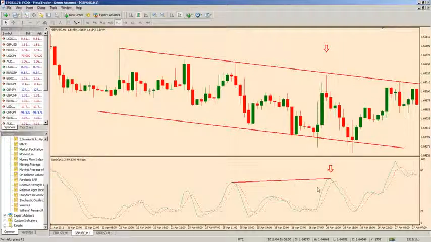I really don't want to go into that if you're not aware of what that is. It's a little bit more rare, and it's a little bit more complicated. But basically, what it's saying is if you have lower highs in the price and higher highs in the oscillator, that's called hidden divergence and a possibility for a continuation of the downtrend. I've got some divergence there.